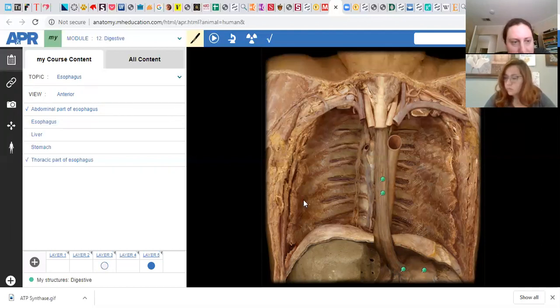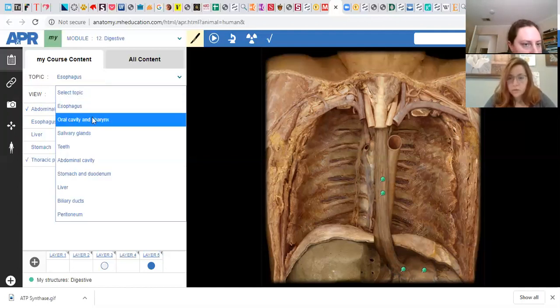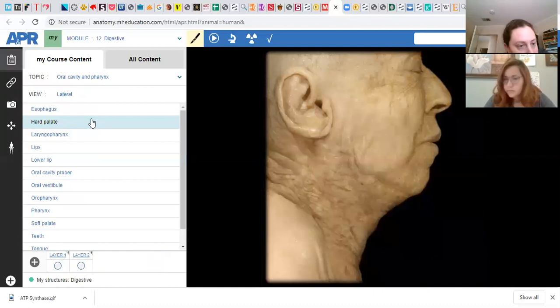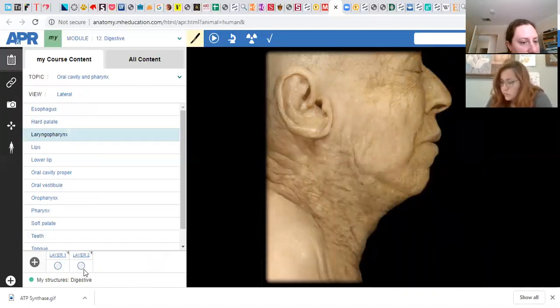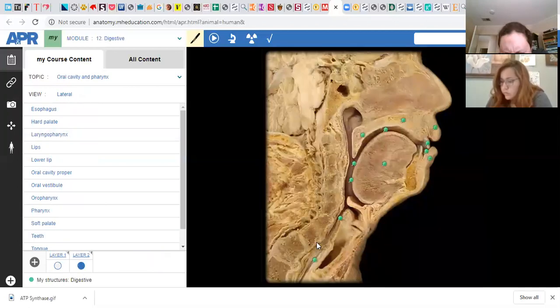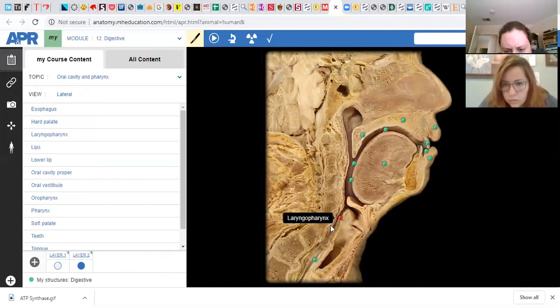And the upper esophageal sphincter. Oh yeah, so if we want to see the upper esophageal sphincter, then we go to the oral cavity. I don't know that it's necessarily labeled, but if you go over here, see how that's esophagus and that's laryngopharynx? So the upper esophageal sphincter is right in here.